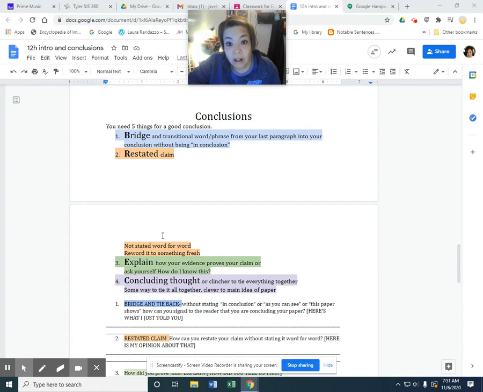Don't restate it all. You're just going to take the evidence in general and say, okay, this is how it explains it. So in Scarlet Ibis, some things that I might want to show about embarrassment is that initially brother pulls him around in a cart because his parents ask him to, but he doesn't like that, so he decides that he's going to make him learn how to walk.